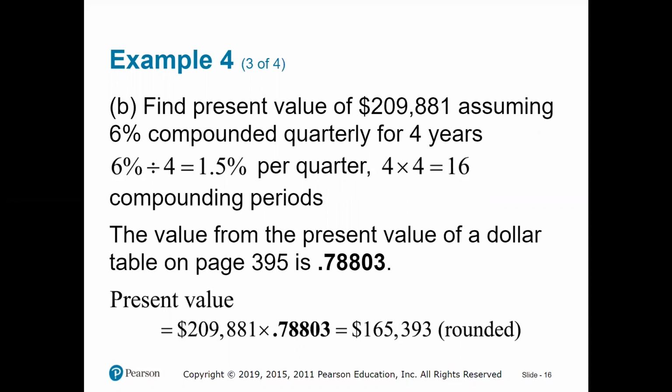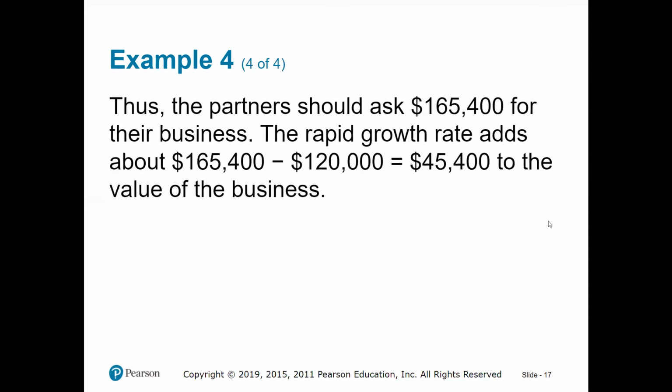Thus, the partners should ask for $165,400 for their business. The rapid growth rate adds $45,400 to the value of the business. Okay.